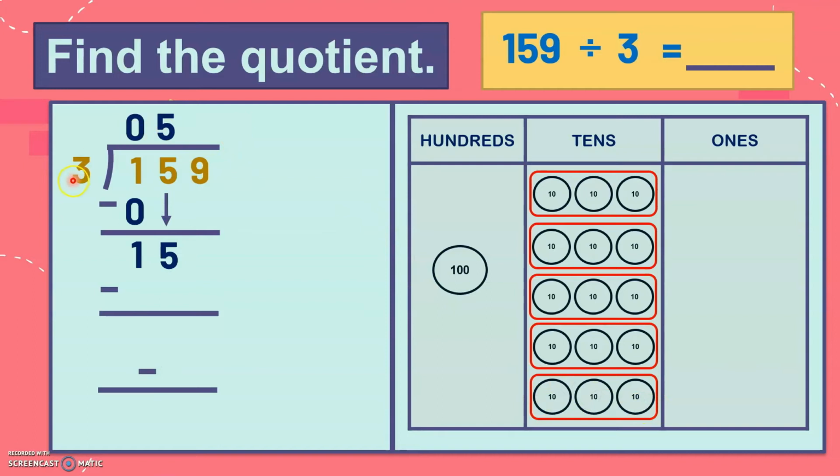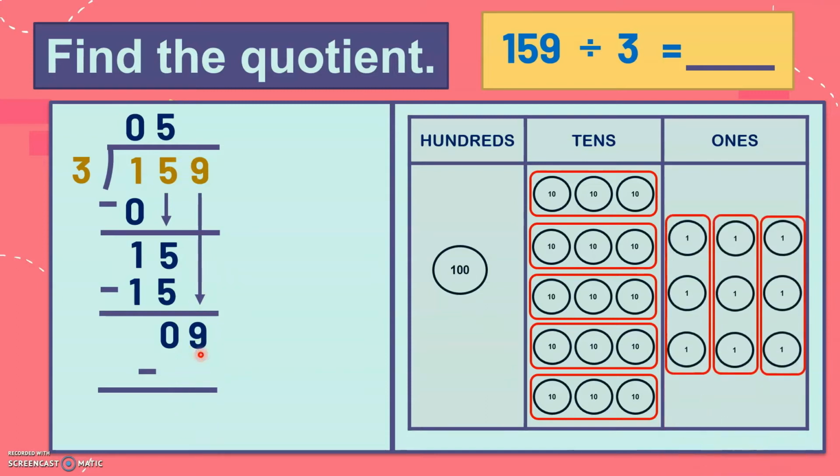So 5 times 3 is equal to 15. And 15 minus 15 is equal to 0. So after we subtract, bring down again 9. So we have 9 ones. And 9 ones divided by 3. 1, 2, 3. So we have 3.